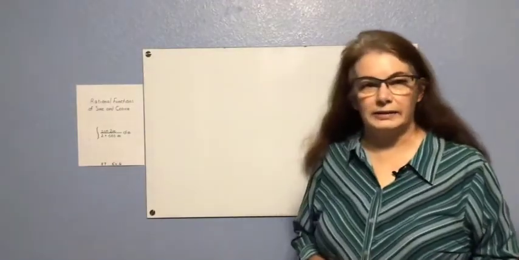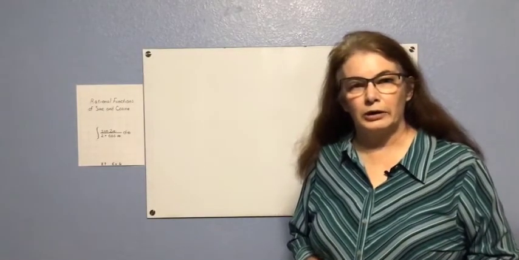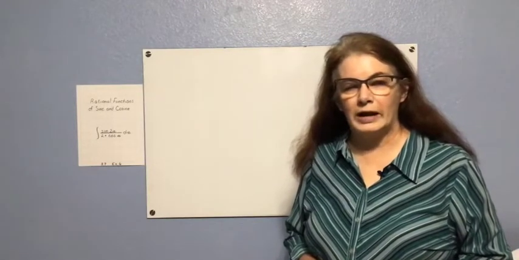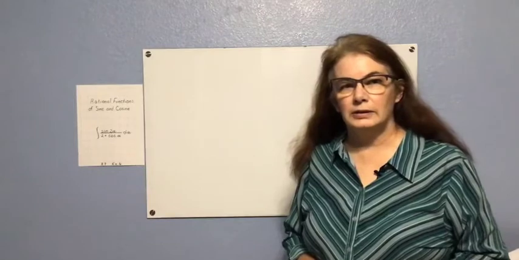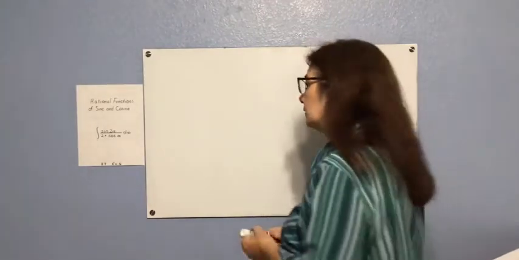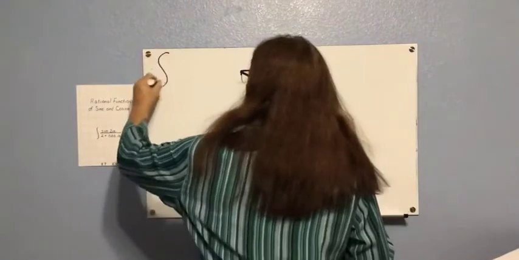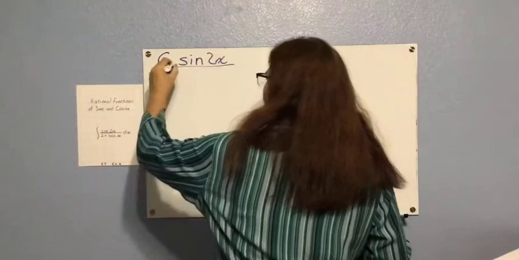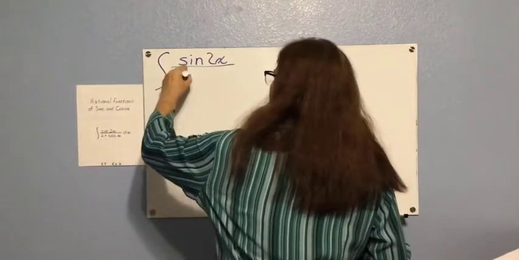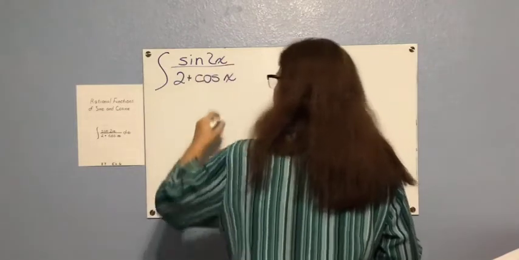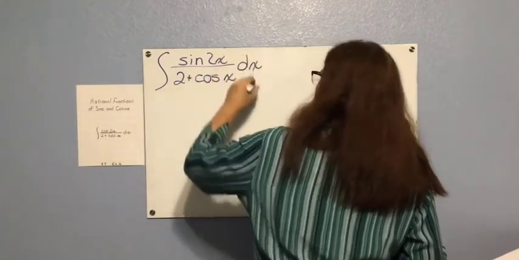Okay, in the last example for this section, we're going to look at functions that involve rational functions with sine and cosine. So this is what we're going to start with: the integral of sine of 2x over 2 plus cosine x dx.